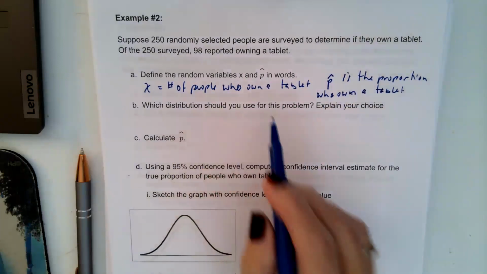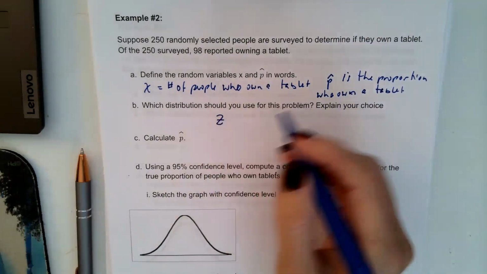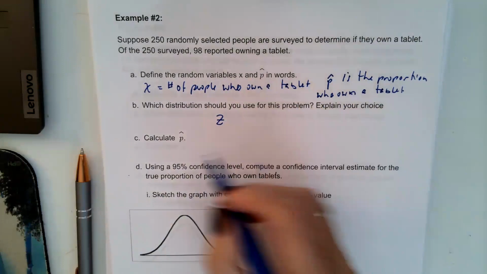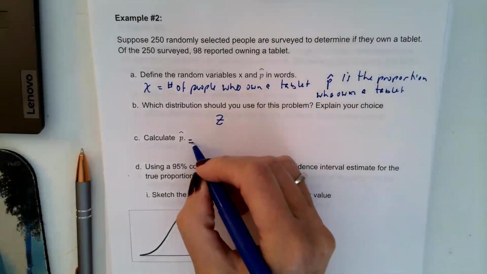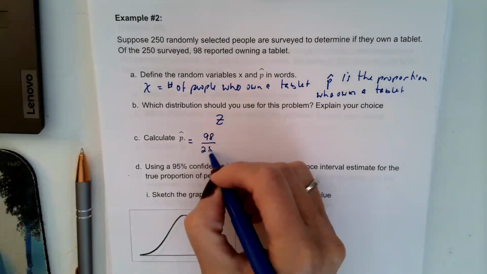Which distribution should you use for this problem? We're going to use the Z distribution because we're talking about proportions. Calculate the P hat. So the P hat is 98 divided by 250.